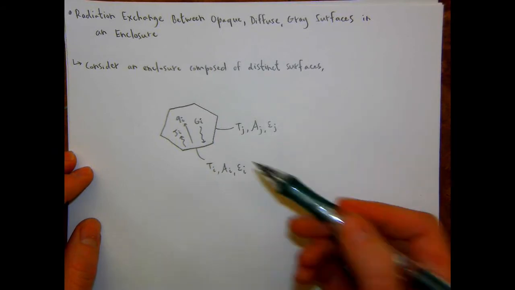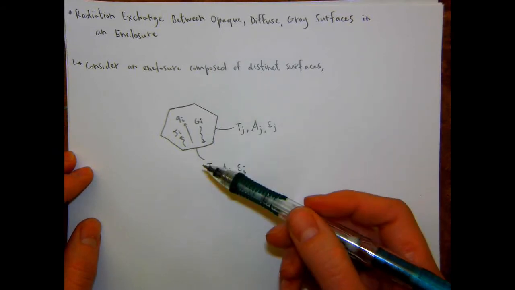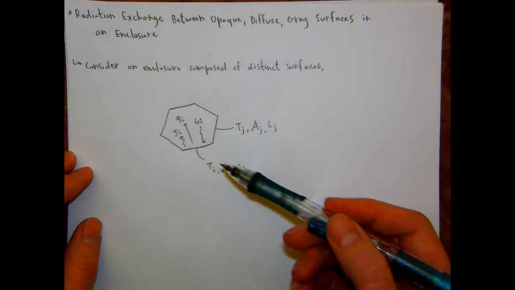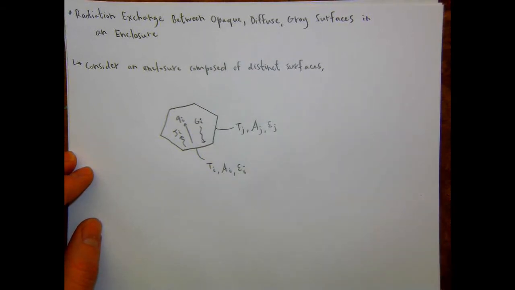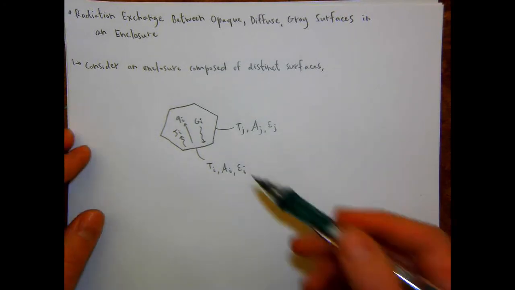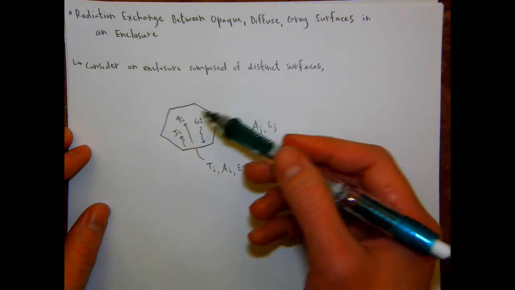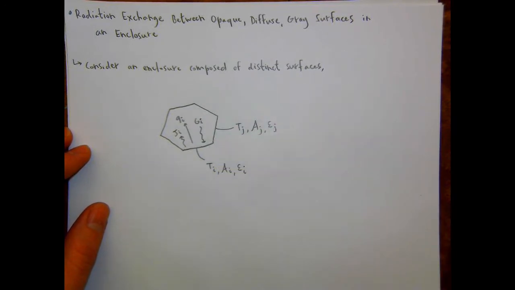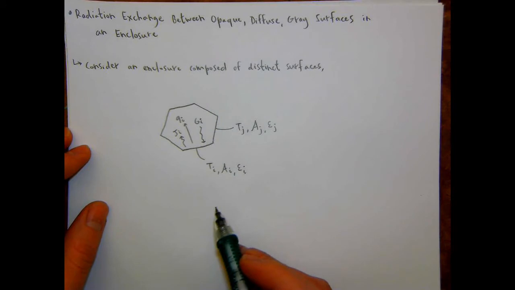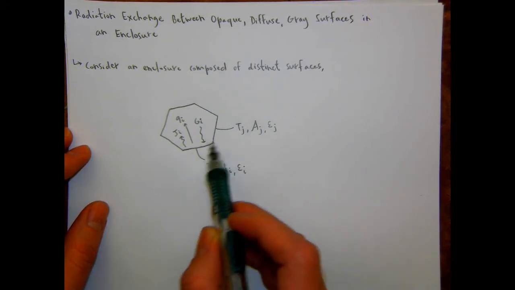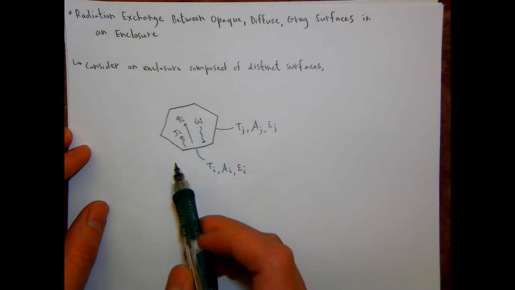But because they're at different temperatures, there's going to be radiation exchange between all of the surfaces. If you just let the enclosure sit there, it would come to thermal equilibrium and all of the surfaces would eventually come to the same temperature. But we're going to assume that there's some sort of external input or output of heat transfer that is keeping these surfaces at different temperatures in space and time.